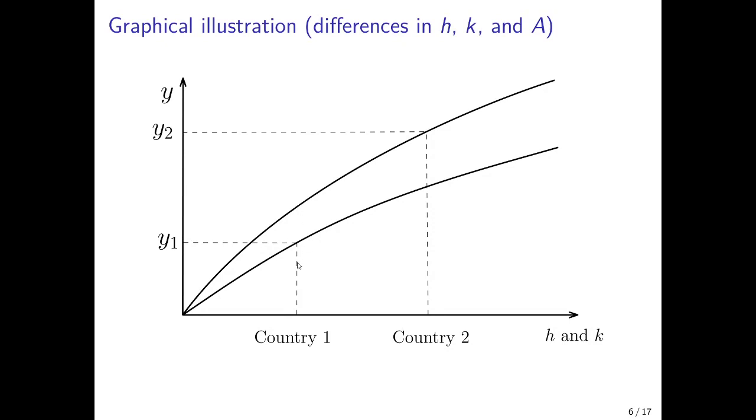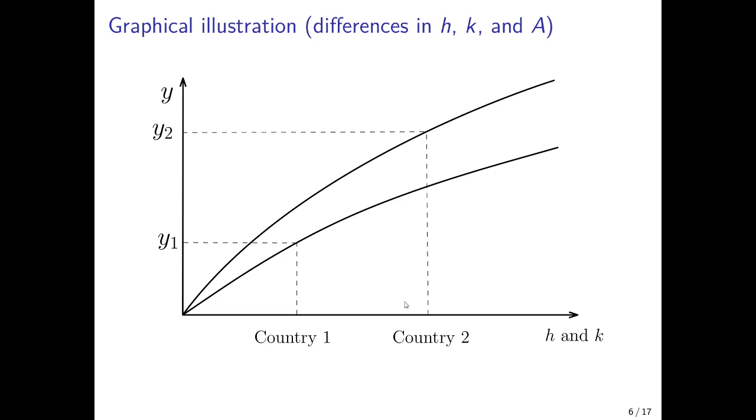However, you can also have differences in both production factors, the rival production factors H and K, and productivity A. As it is drawn here, country 1 would have a lower human capital stock and physical capital stock per worker than country 2, and at the same time country 1 would also feature a lower productivity level A than country 2.